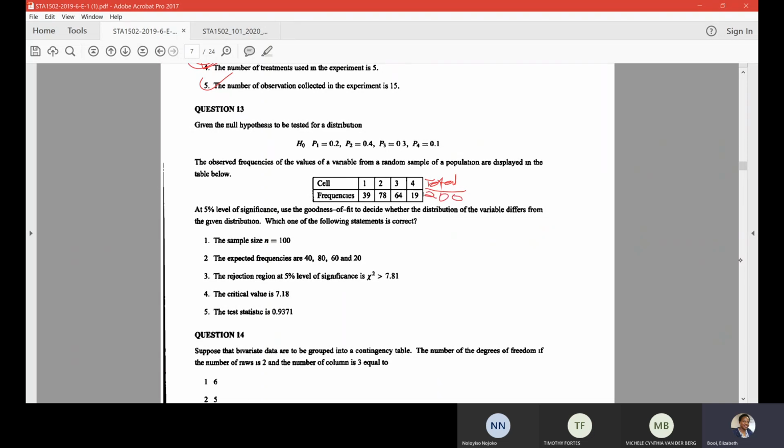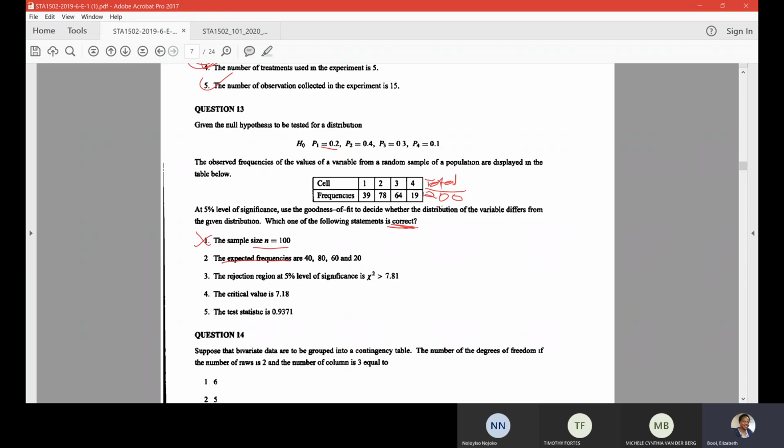So here it says the N is 100, so that will be incorrect. We're looking for the correct answer. To calculate the expected frequencies, we say 0.2 times 200, and that gives us our expected frequency.